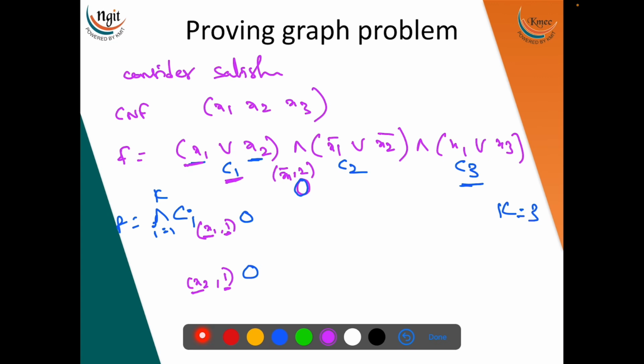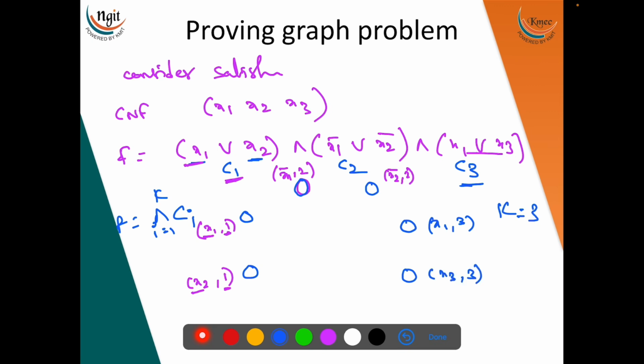Correct? Now x2: this is x2 bar with the second clause, (x2', 2). And we'll take it for the third clause too. This is x1 comma 3, and this is x3 comma 3.